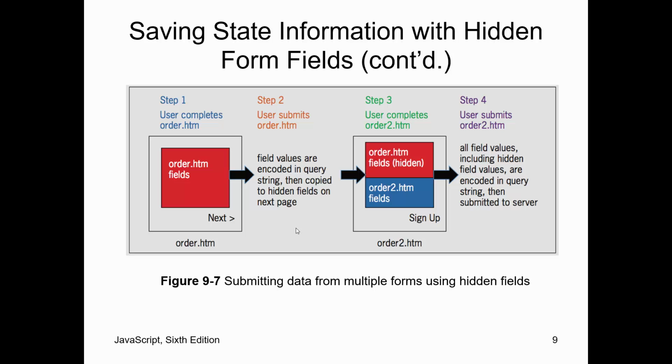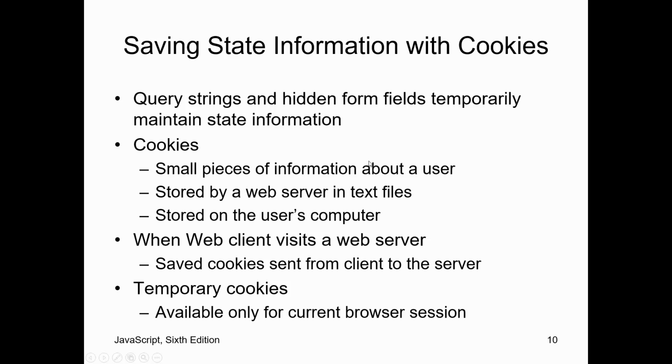You complete your order, you submit the order, you might complete another order, and you submit another order. And the point is, when you do all this, all the fields, including the hidden fields, are encoded in the query string and submitted to the server. Okay? So with query strings and hidden form fields, the key word here is temporarily.